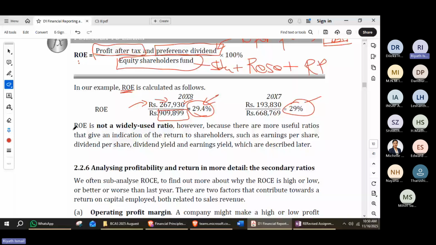Return on equity is not a widely used ratio, however, because there are more useful ratios that give an indication of return to shareholders, such as earnings per share, dividend per share, dividend yield, earnings yield, which are described later. In the next part, investor ratios, we can discuss these things.